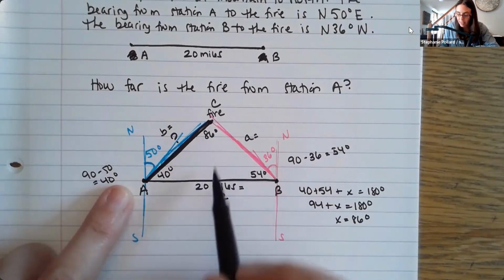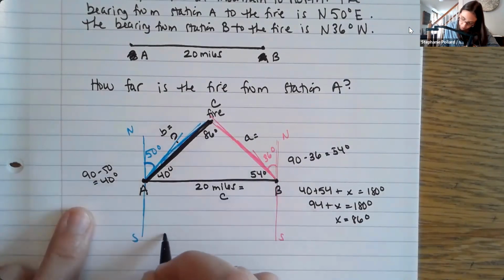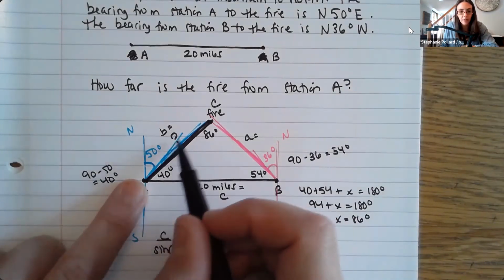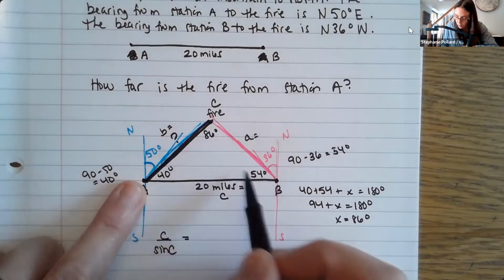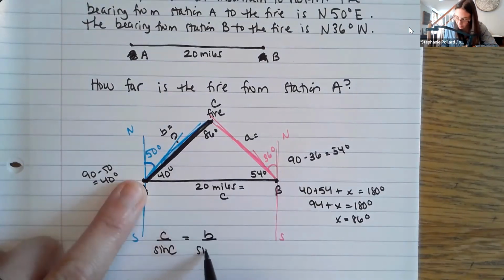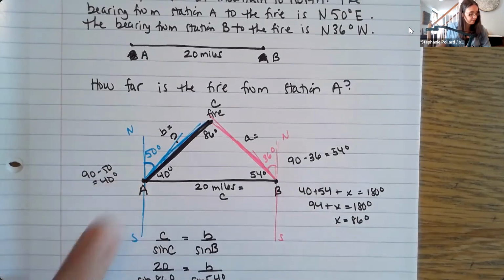I have both the length and I have the angle. And then I'm looking for B here. So that's what I really need to focus on. So B over sine of B. So let's see, I have 20 over sine of 86 degrees equals B over sine of 54 degrees.